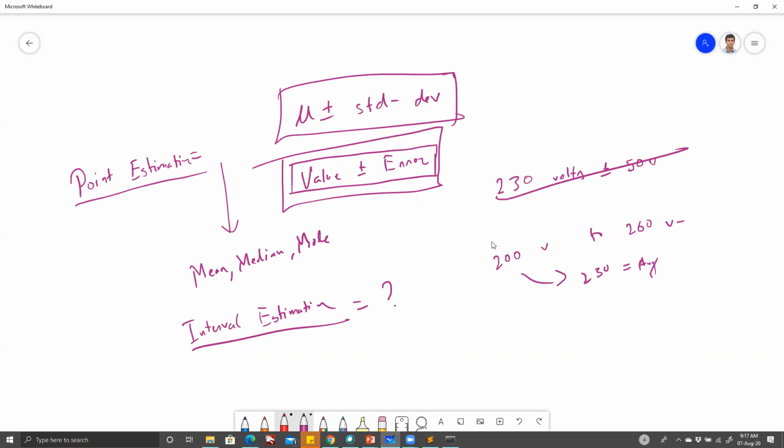So can you think about some examples? Weather forecast is a complete interval estimation in itself. Anything else? Mileage?